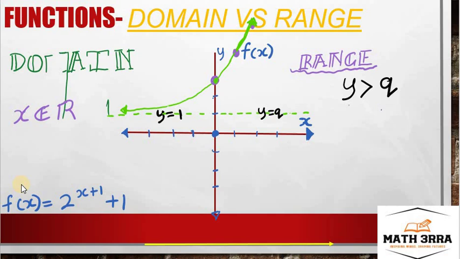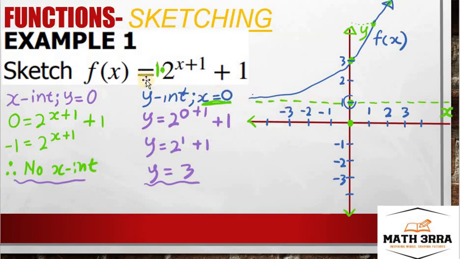First and foremost, a quick reminder: in the last video of this series, we were sketching the graph of f(x) = 2^(x+1) + 1. This is the graph we sketched, where the asymptote was cutting the y-axis at y = 1.